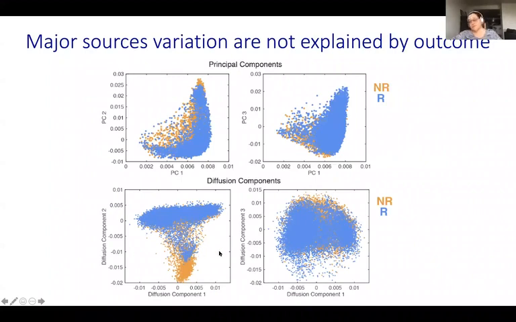The diffusion components explained a lot of the major components of variation in the data, but none of that separated responders and non-responders. Some of the strongest signals in the data really seem to be signals that do not separate responders and non-responders, which is what we wanted. We also tried principal components as well, and you see a lack of separation.